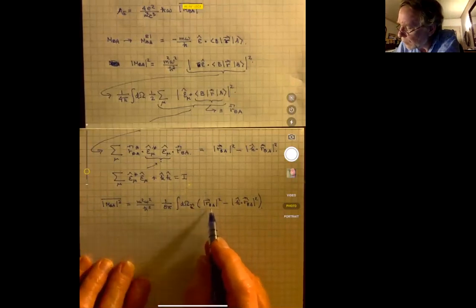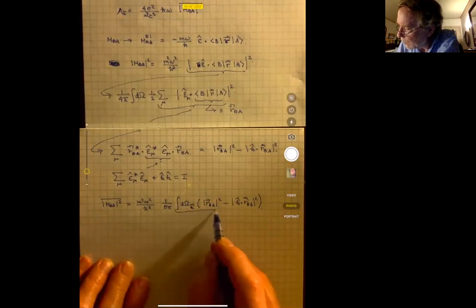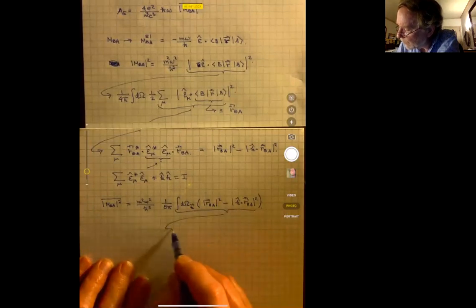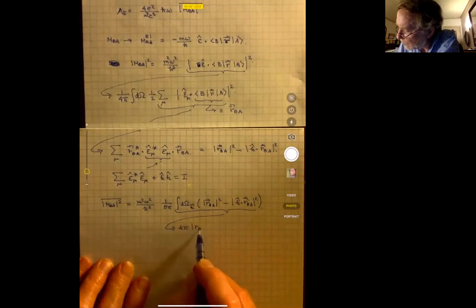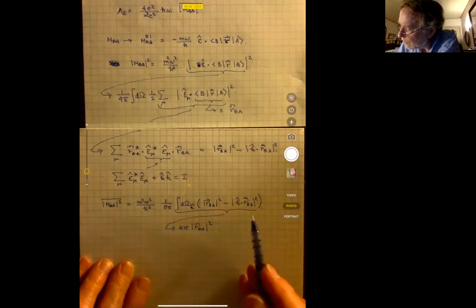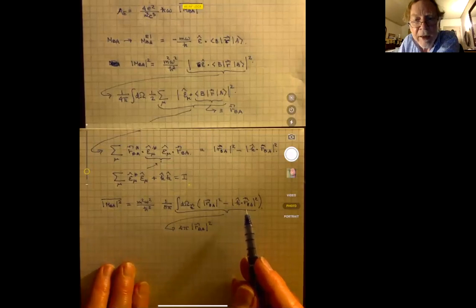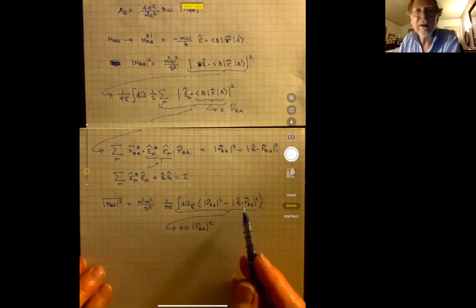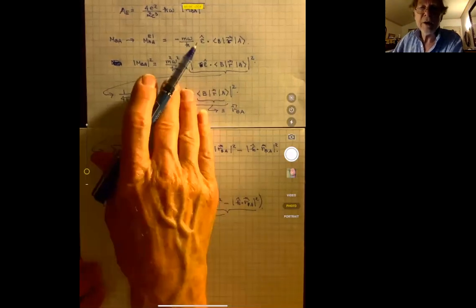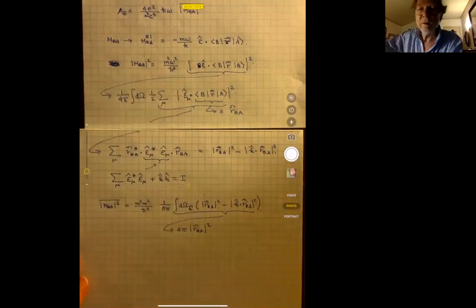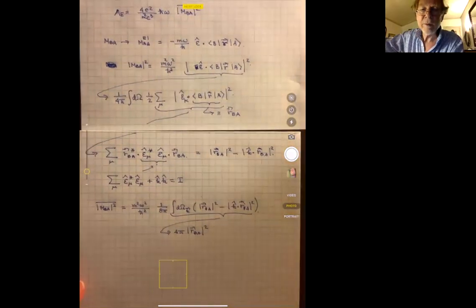The first factor is independent of k. So in this integral, the first thing we get is just 4 pi times the absolute value of RBA squared. As far as the second factor is concerned, we just have one component of RBA squared, and that component, again, I'm going to try to see if I can brighten up the screen a little bit.